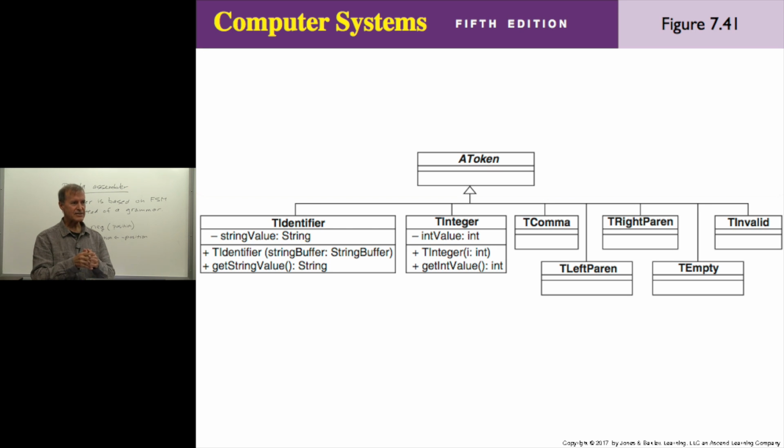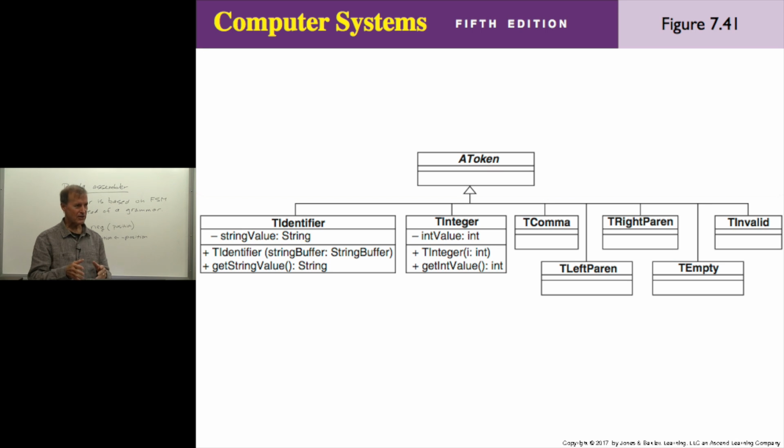You guys have already done your tokenizer, so these tokens correspond directly to the tokens you have already written your tokenizer for, right? But these are the tokens that this little toy language uses. So first of all, we have an abstract token, and then we have a T identifier, a T integer, a T comma, a T left paren, a T right paren, a T empty, and a T invalid.